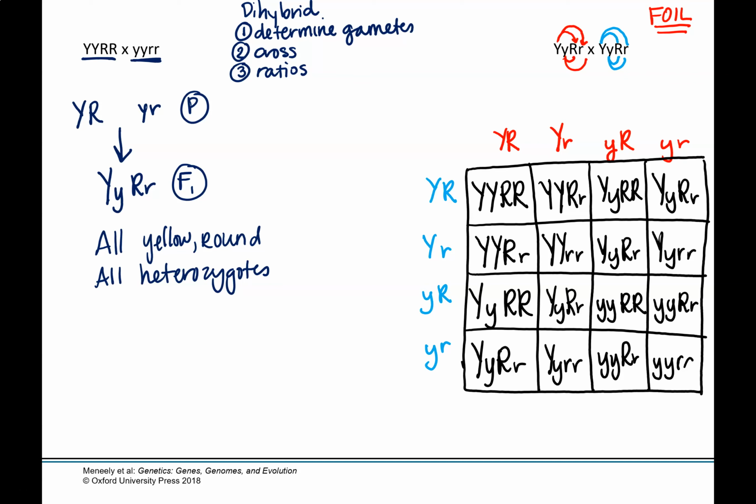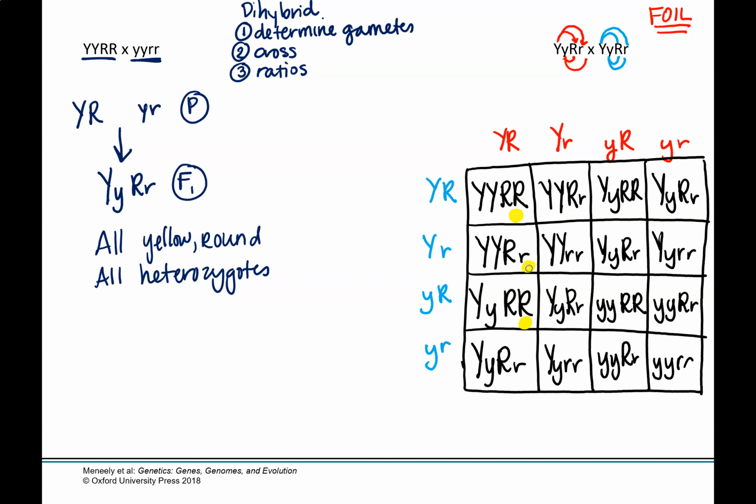So I'm going to use different colors. So starting with yellow, going to indicate here, this is going to be yellow and round. So I'm going to just make a little yellow and round for all of my yellow and rounds. Now remember, yellow is dominant. So if we have at least one copy, we're going to be yellow. Round is also dominant.